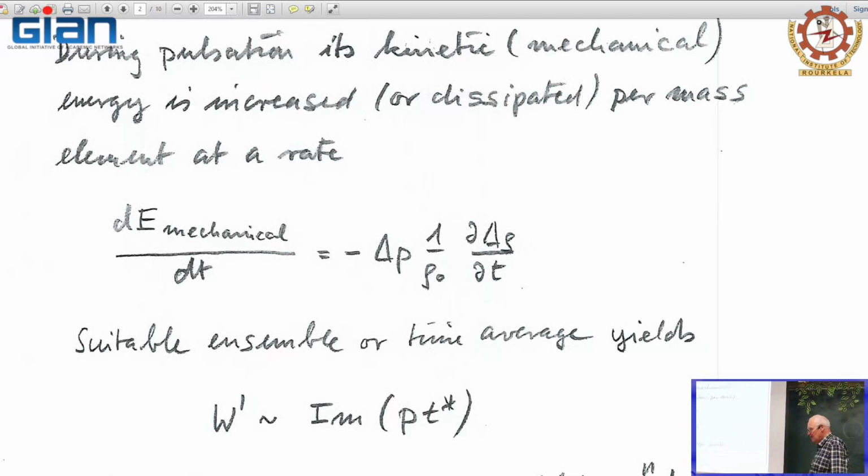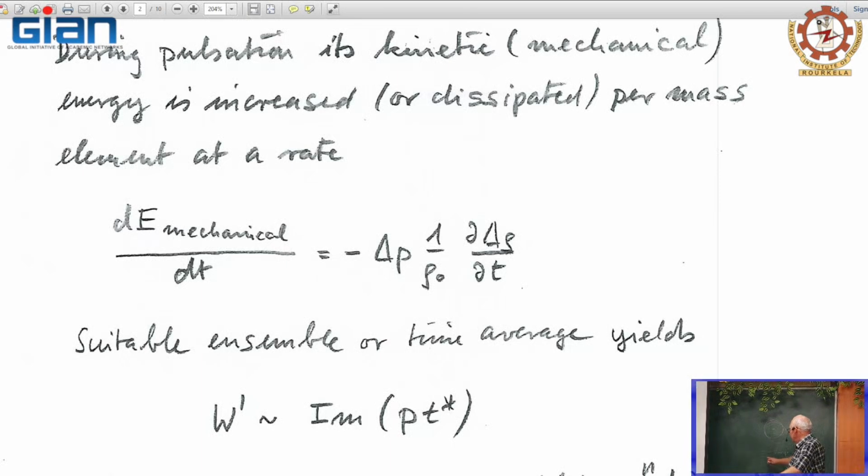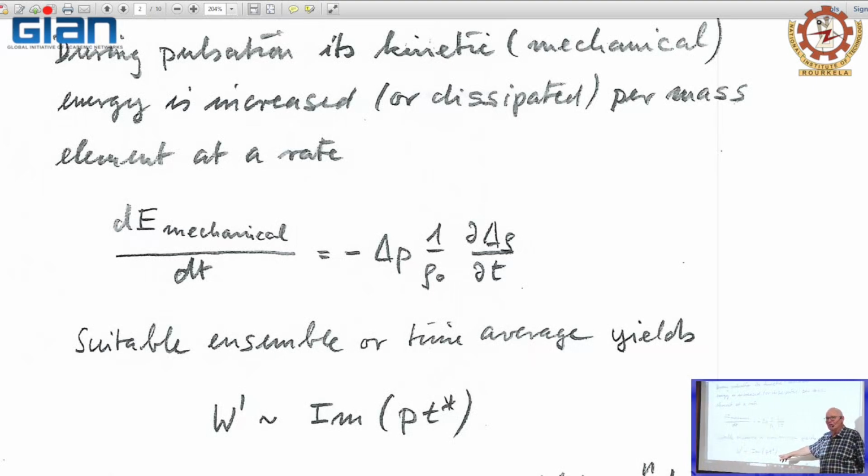What would happen if this were an adiabatic pulsation? Adiabatic means delta T is nabla adiabatic times delta P. Then P times T star would be P times nabla adiabatic times P star. So P times P star is real, and the imaginary part is 0.